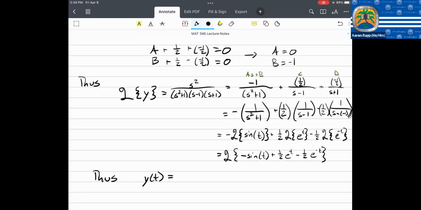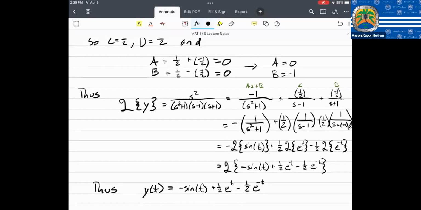So what was my solution to that fourth order initial value problem? This is where I get to check my lecture notes.